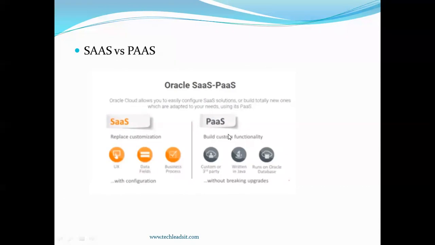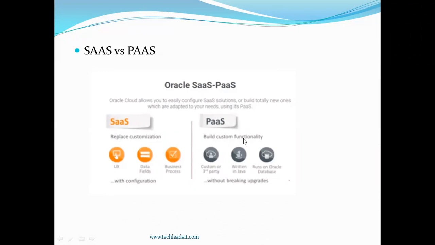Whereas in PaaS, we have vast privileges. You can build your own applications, you can build your third-party application, which is written in Java, and you can deploy this application in Oracle database. Here, if Oracle provides any patches or any release, Oracle is saying we are not taking care of any of your custom-related things.